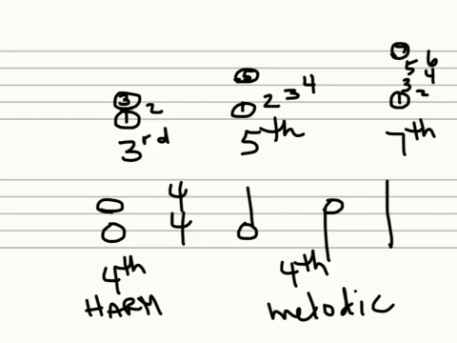A good trick when you're naming intervals is to know that if you are on a space and a line, your interval should be an even number. Okay, so 2, 4, 6, 8, those are all going to be on a space and a line. If they are both on a space or both on a line, it's an odd interval. And if you want to check to make sure that you're correct, you can just have a look and make sure that your pattern is correct.